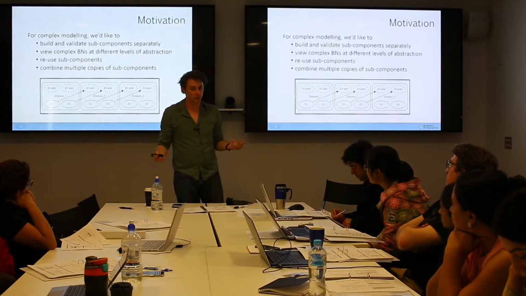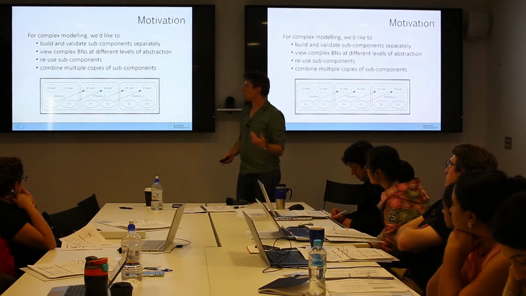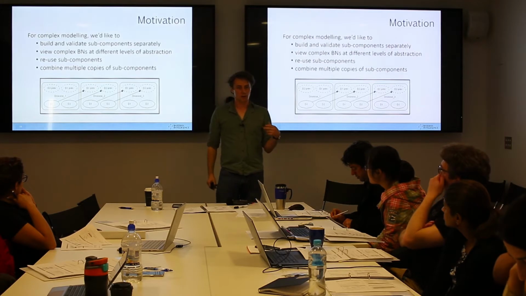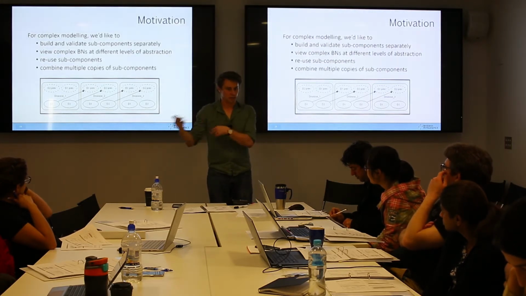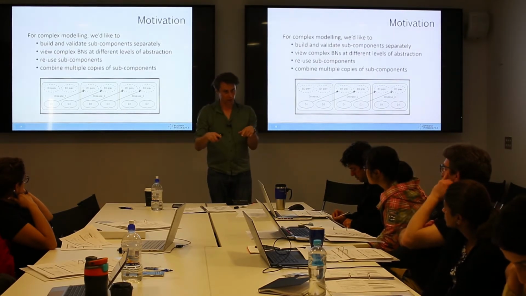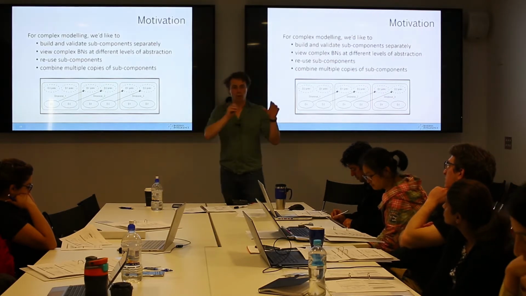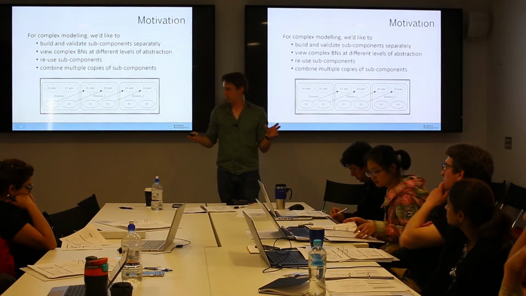One of the biggest advantages of Bayesian networks is that we can be explicit about what's actually going on with the model. We don't want to lose that. We want to reuse subcomponents as well, like that hydraulic habitat might be applicable to other species within the river system, but the modelling of that hydraulic habitat is going to be the same. And we also might want to have multiple copies of the same sub-model within a BN.